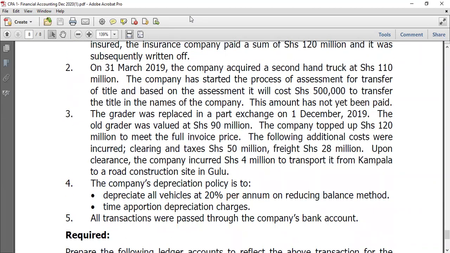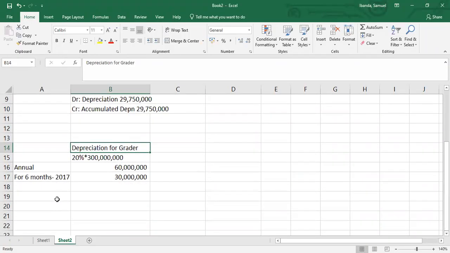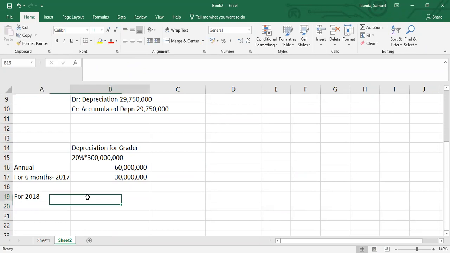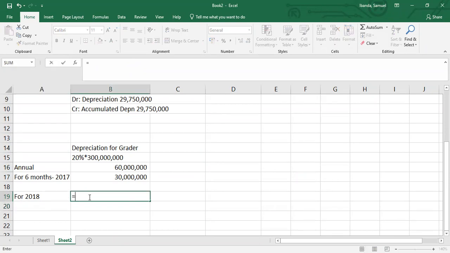So when we come here for the grader to calculate the depreciation for 2018, we shall do the 20% multiplied by the net book value. And by the net book value, we are going to get the cost, which is 300 million.